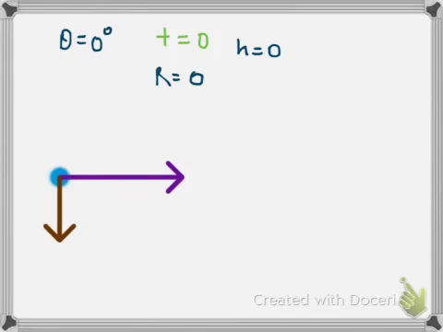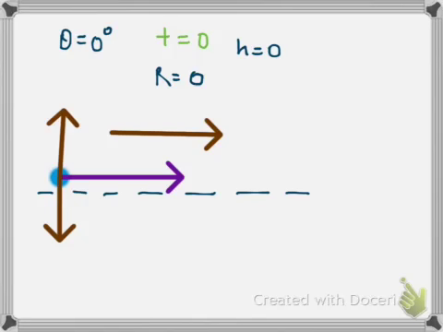So there is no force acting along it, and because there is a ground here, there is a normal reaction acting. Now this normal reaction is not taken into consideration in projectile motion. So we can say that this will move straight in this direction without any restriction.